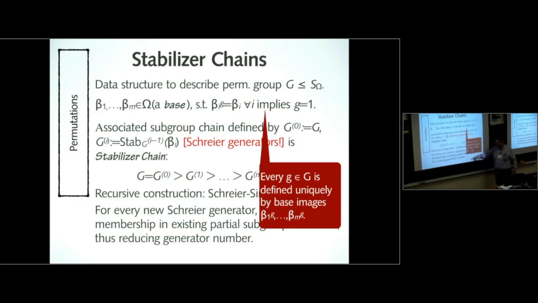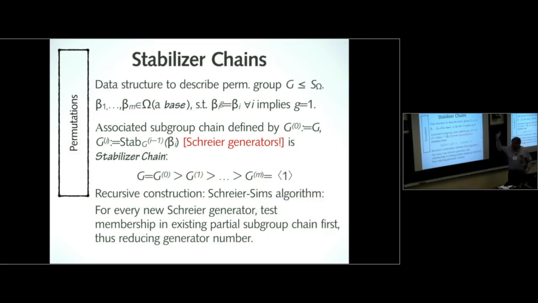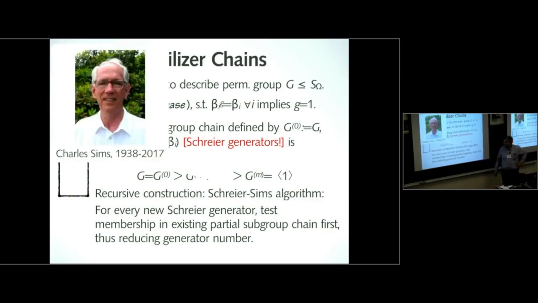Because if I had two different elements which did this, the quotient would map every beta to itself, so it must be stabilizing.